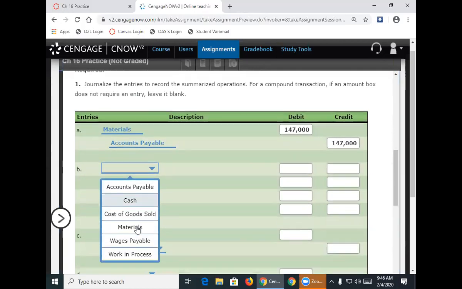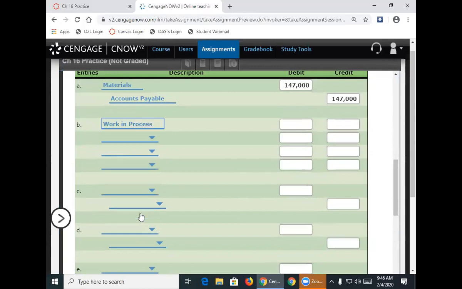So work in process for direct materials and direct labor, I add those two together, 262,490. So work in process was debited 262,490. So looking at the 132, that was all of our labor for jobs 101 through 106.